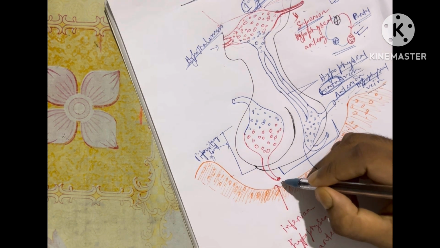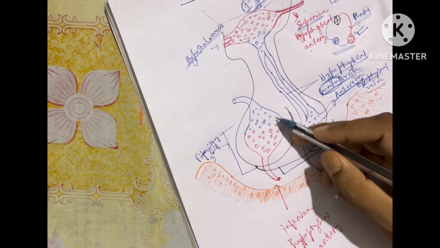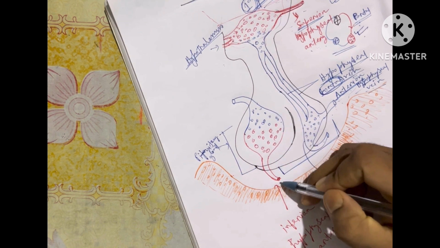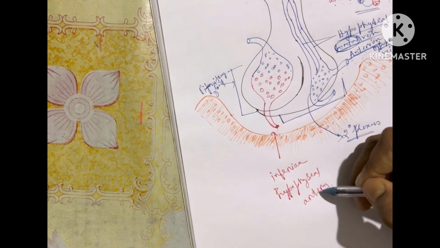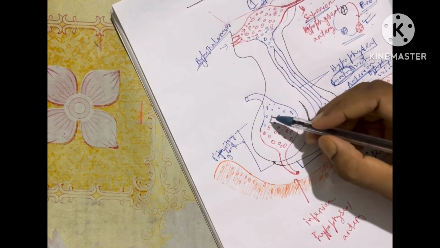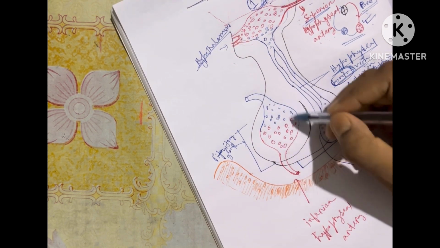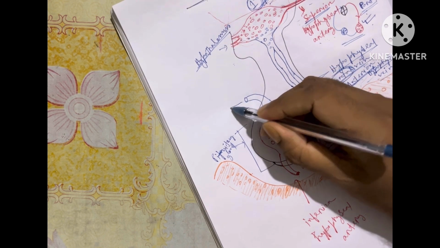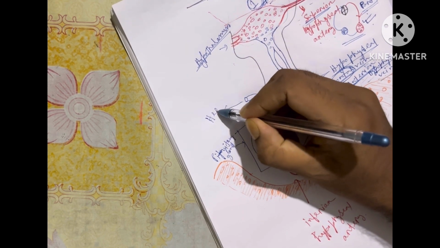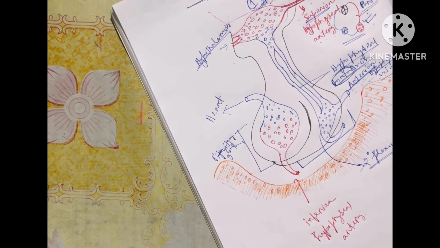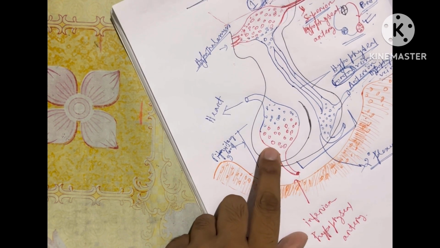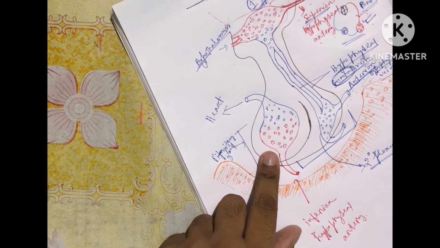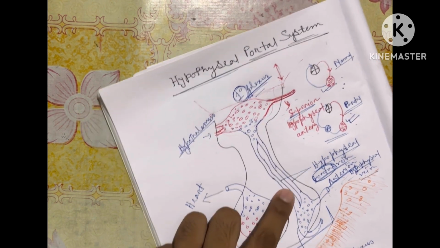It enters our posterior pituitary gland through the inferior hypophyseal artery, and after that network formation it ends up in a vein, and from that vein it will directly go to the heart. That's why it is not a part of a true portal system.